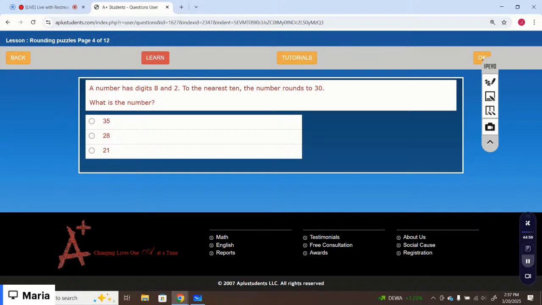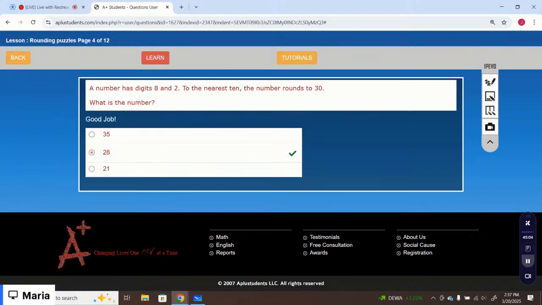So that is 28. Option number 2 is the correct option, that is 28.